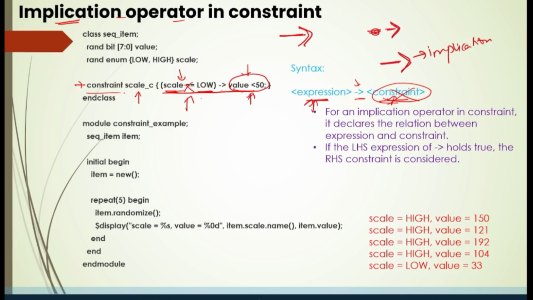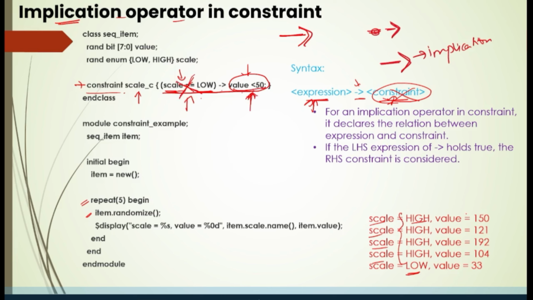Here, this randomization I have executed 5 times. In all these 5 times, my scale is low only one time. The remaining 4 times my scale is high, so the expression is false. Since the expression is false, the constraint won't be executed.